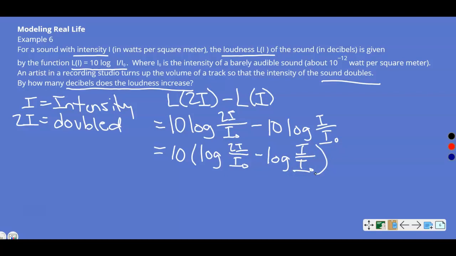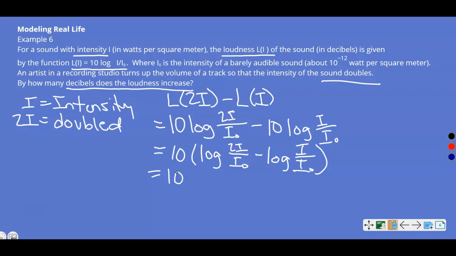All right, so if we use our properties of logarithms, we have a product right here. So that means we're going to have to rewrite this first part. Remember, a product turns into addition. So bring down the 10.